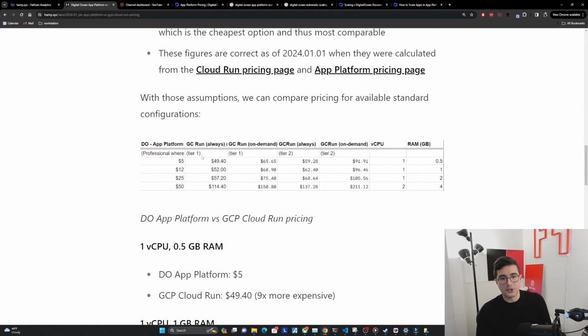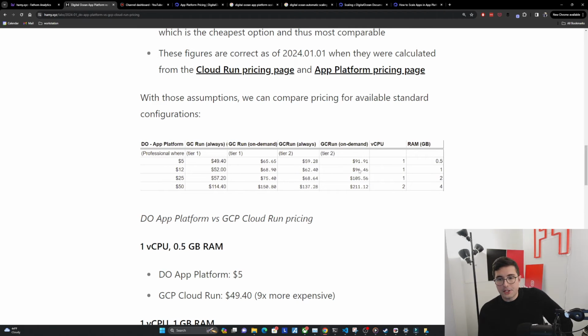So these are the two we're going to be comparing, because this is Google Cloud Run's cheapest available option, and the others are all a bit more expensive. The versions we're comparing are basically the versions available on DigitalOcean for the App Platform Professional tier. This is most similar because it gives you all the basic things that App Platform has, and it only gives you 4 different configurations per instance. So that's what we'll be comparing.